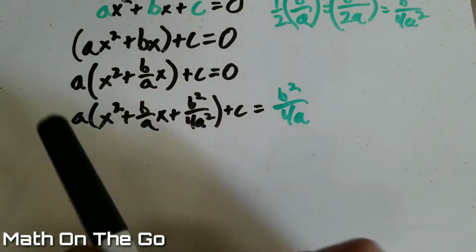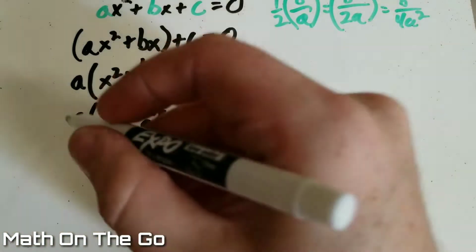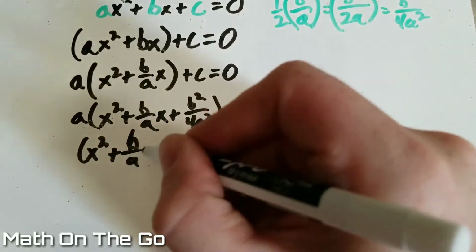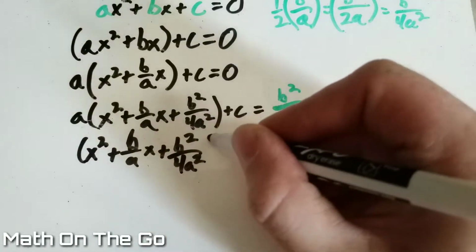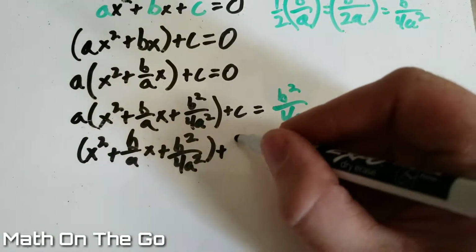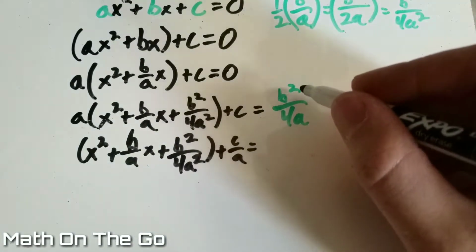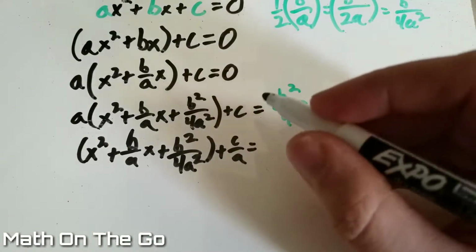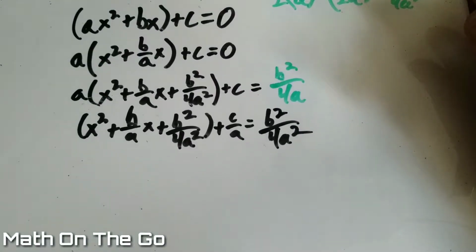Now we're going to divide both sides by a to get rid of that leading coefficient. So what we end up with, x squared plus b over a x plus b squared over 4a squared plus c over a equals, well, we'd end up with b squared over 4a squared.